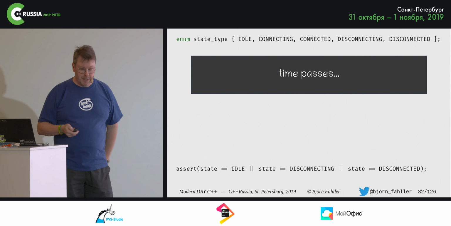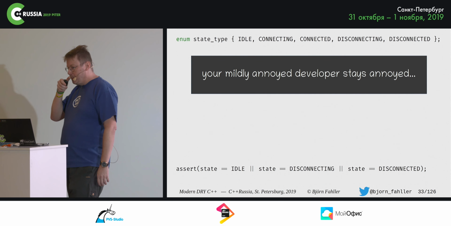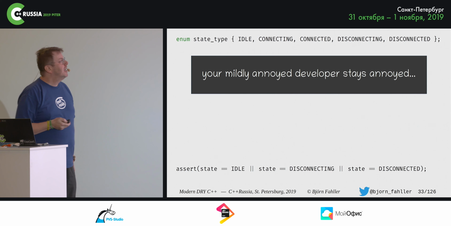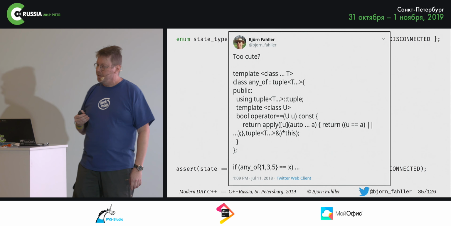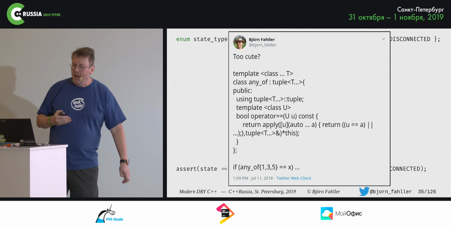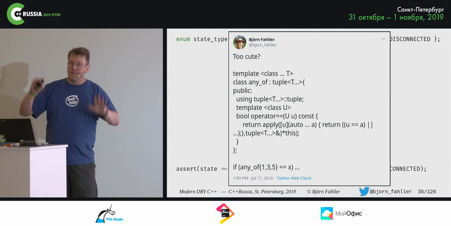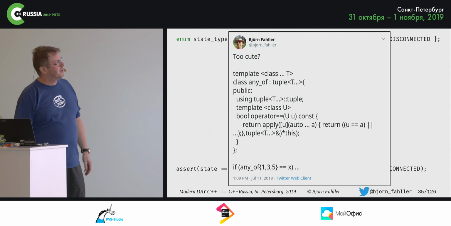But it's not important. Time passed. And your mildly annoyed developer stays annoyed. And then two years later, a little more than two years later, I use the awesome IDE of Twitter again. Now the limit has been lifted to 280 characters, so I can write really verbose code.